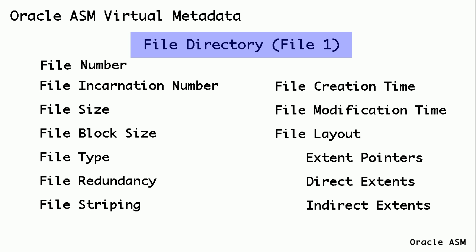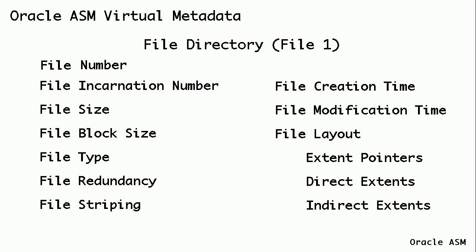First, the Oracle ASM Virtual Metadata structure is the file directory. The file directory contains all the required metadata for Oracle ASM files which are stored in ASM disk groups. The file number for the file directory is 1 in every disk group.